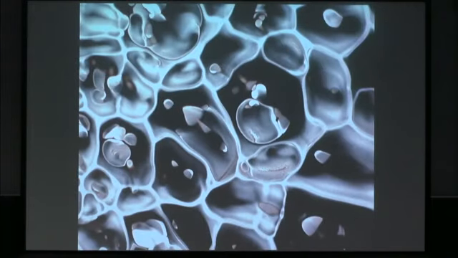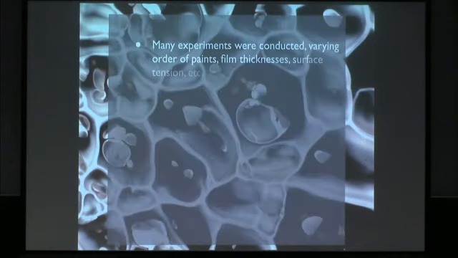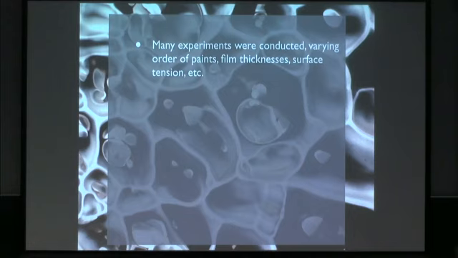So what you see is these patterns of alternating black and white. What did we do to achieve this pattern? We did many experiments, and these patterns appear only by changing the thickness, the types of paint, and the surface tension. We actually changed the surface tension with surfactants and so on.